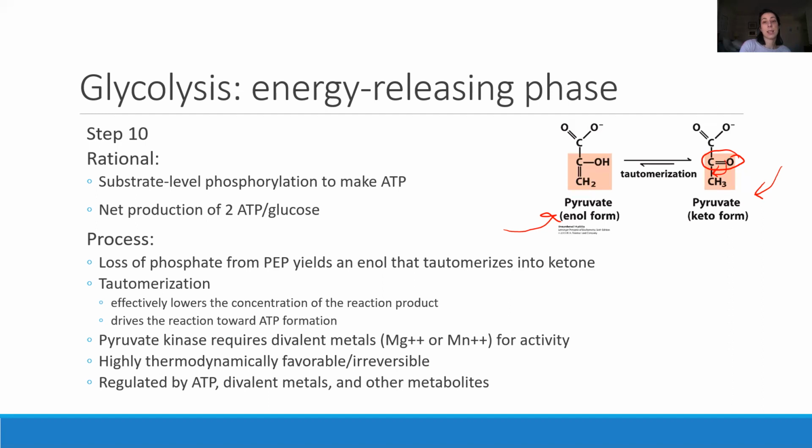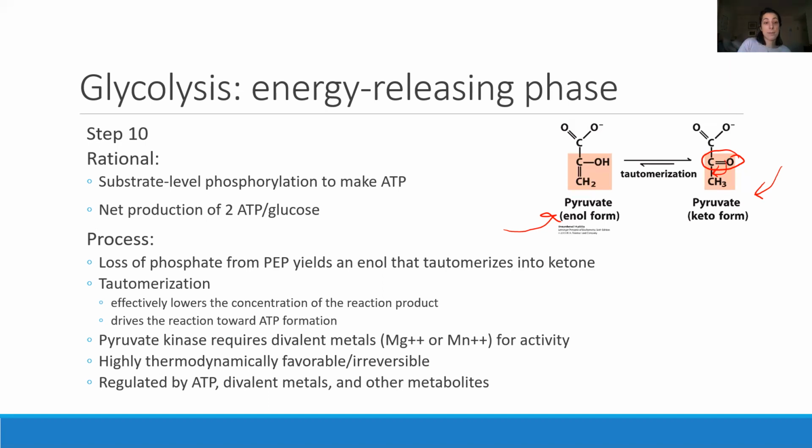So this ability of pyruvate to tautomerize between its enol and keto form is actually important for the progress of breaking down glucose via glycolysis.